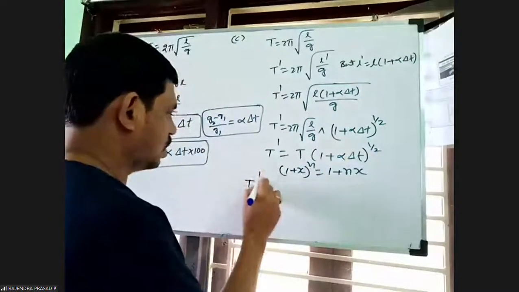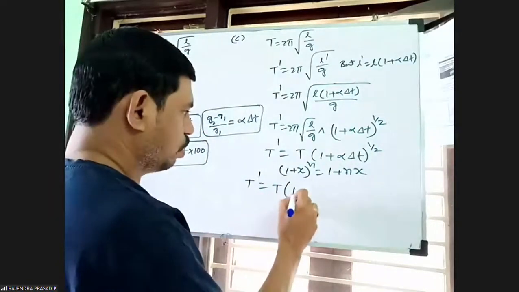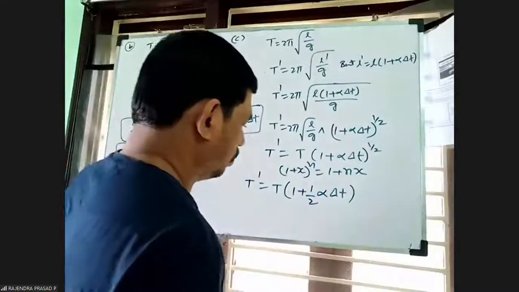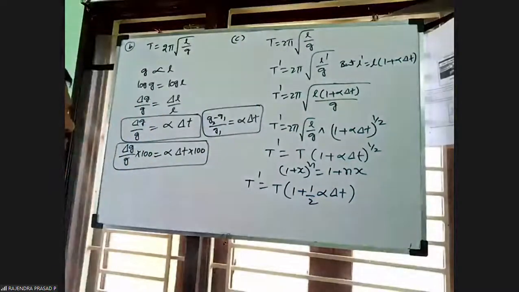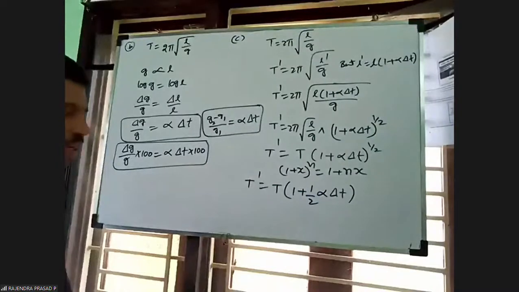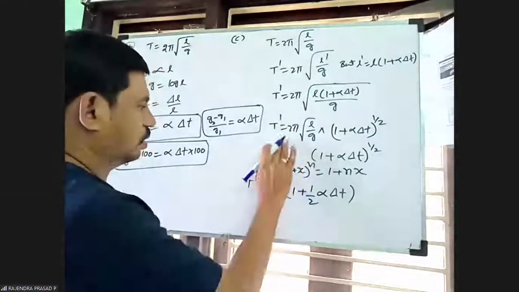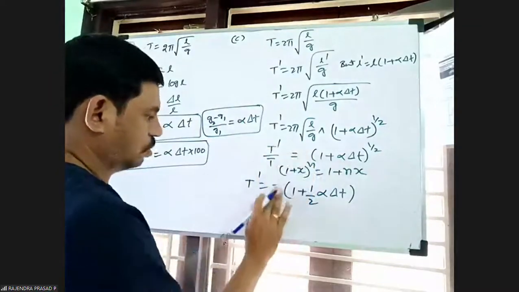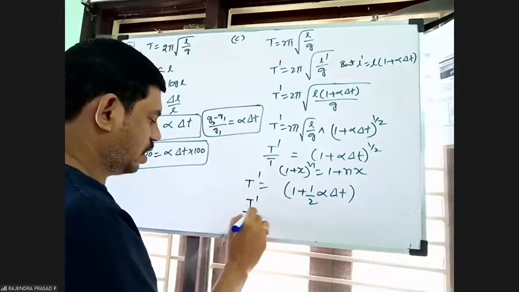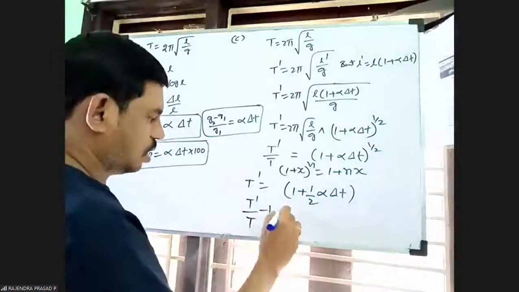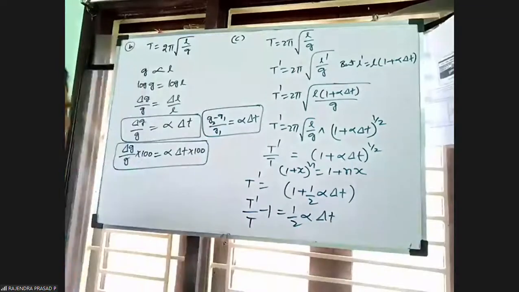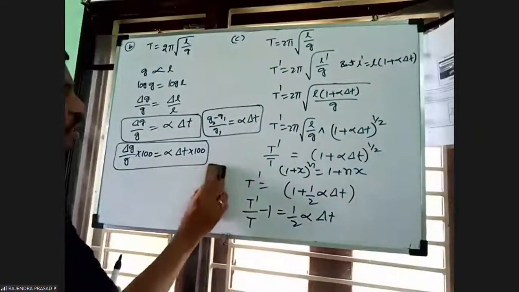So T dash is equal to T into 1 plus 1 by 2 alpha delta T. Right, T dash by T minus 1 is equal to 1 by 2 alpha delta T.